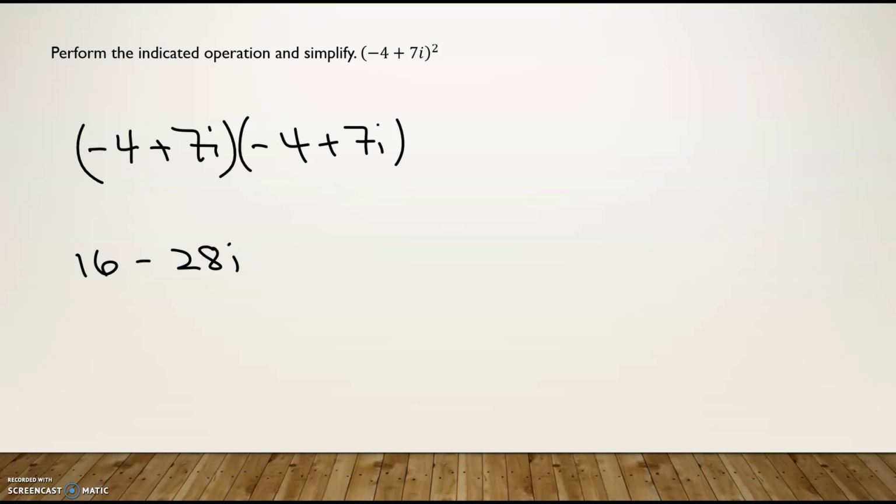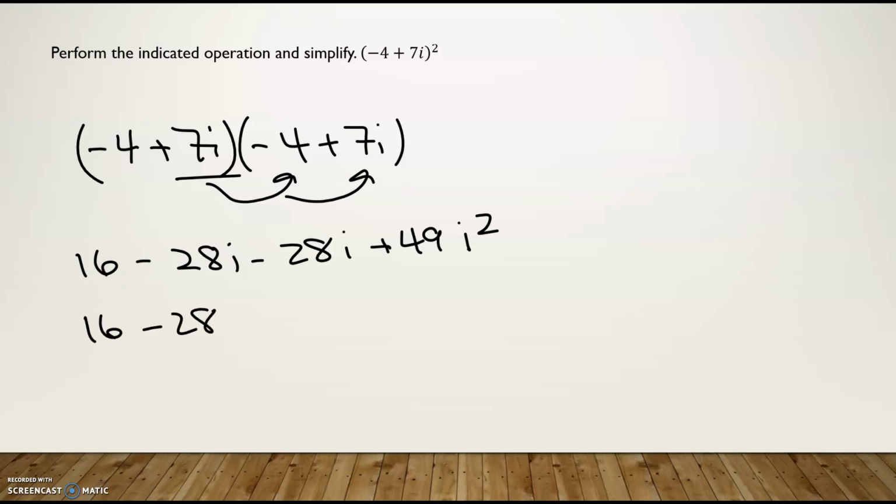Okay, then I'm going to come over and distribute the 7i to this negative 4 and to this 7i. So 7i times negative 4 will be negative 28i. 7 times 7 is 49. i times i is i squared. I'm going to go ahead and change that i squared to negative 1.